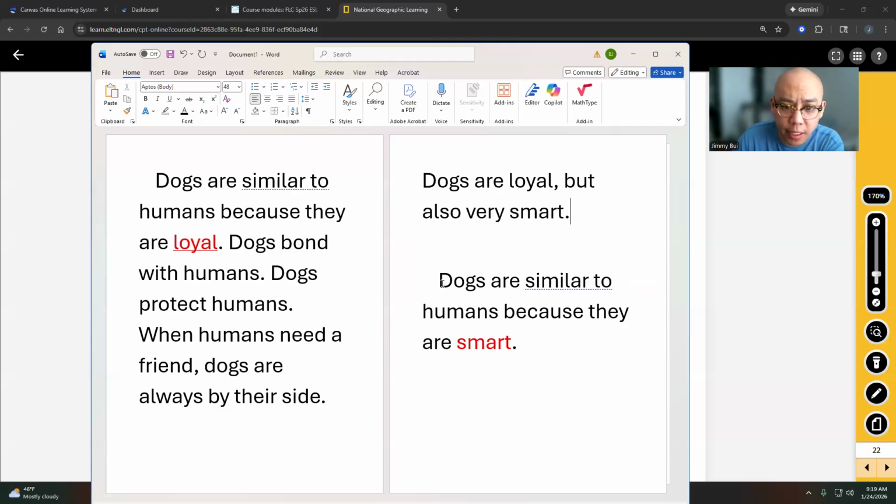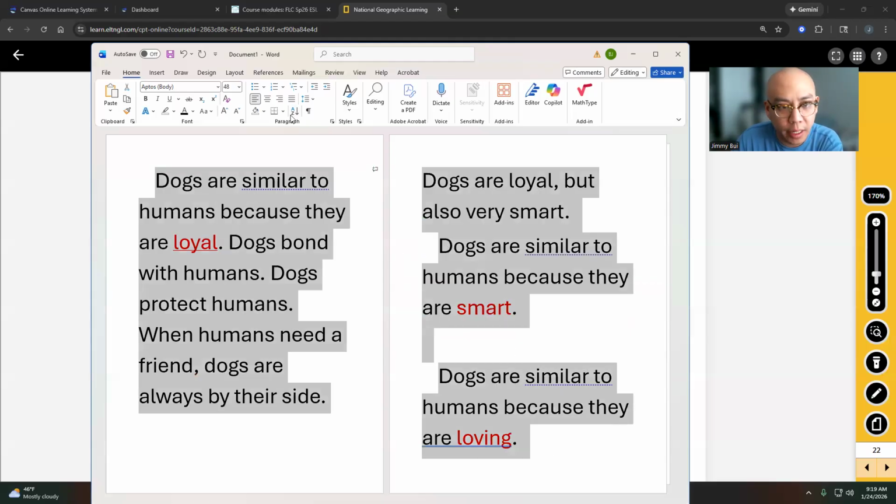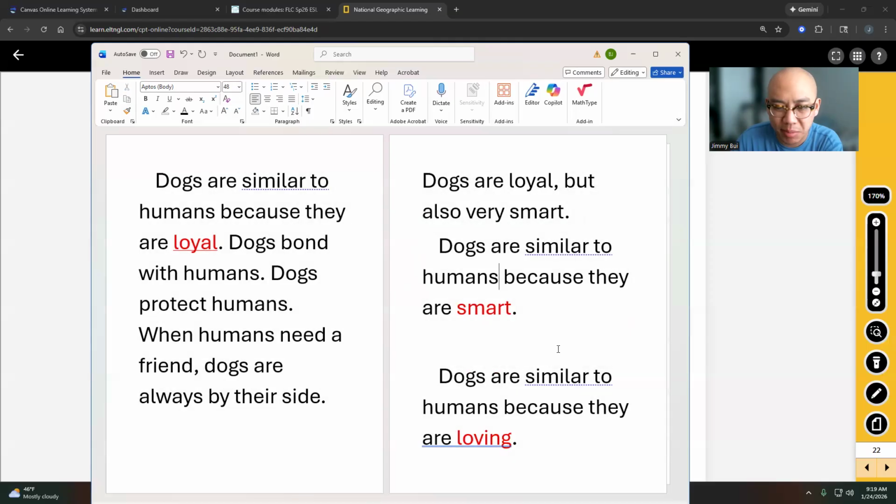So one paragraph done. To show that I'm at a new paragraph, I indent. Of course, you're not going to write in 48 font, but because I'm just trying to illustrate, I've got it a little bigger. So now I finish the idea loyal, and then I move on to dogs are smart. Okay, and so dogs are similar to humans because they are smart.